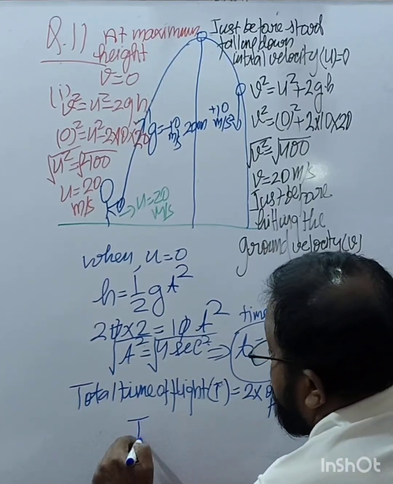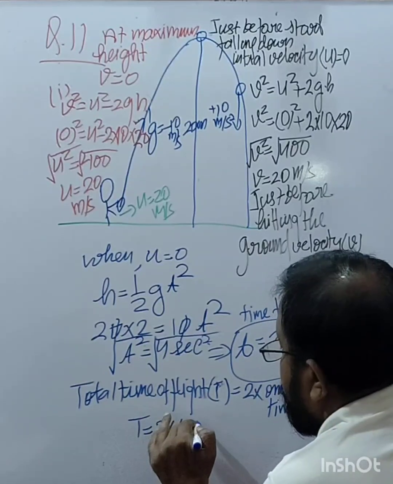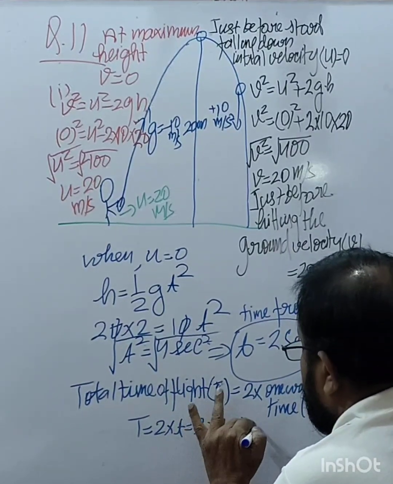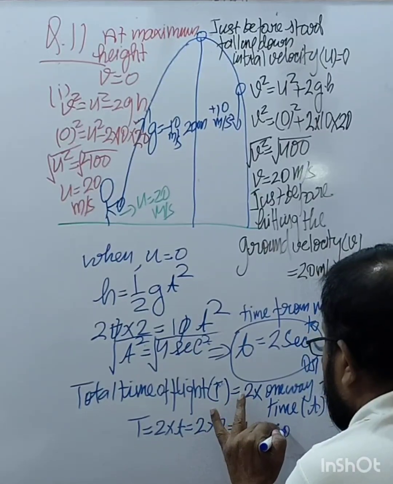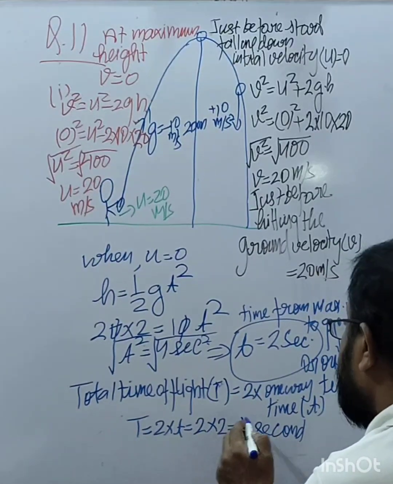So T is equal to 2 into small t. So 2 into 2 becomes 4 seconds. Total time of flight is 4 seconds.